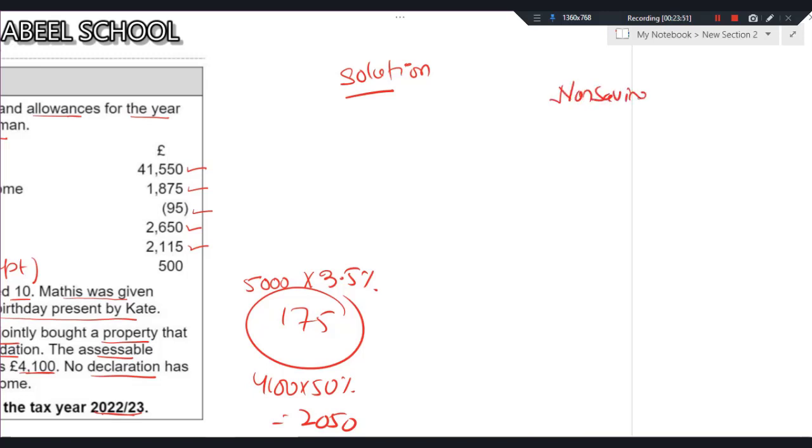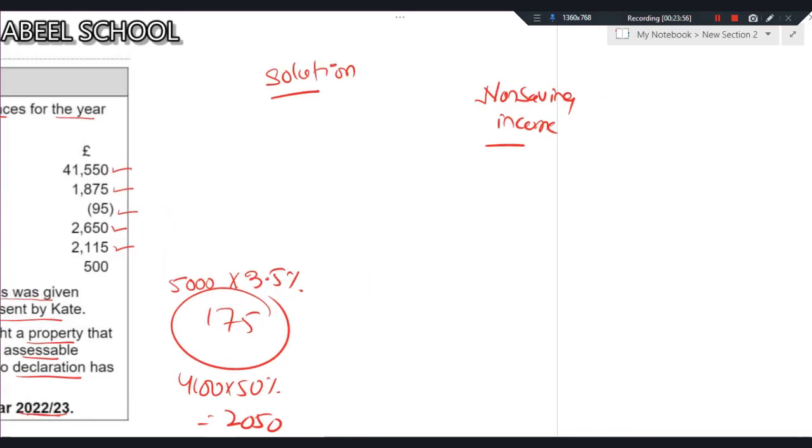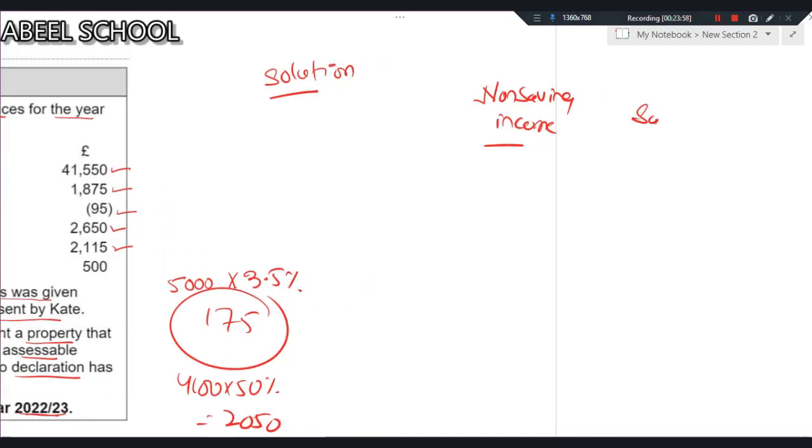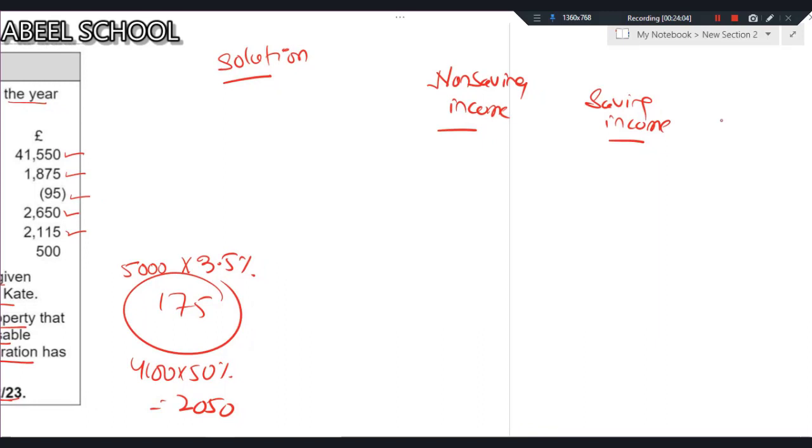Employment income is a non-saving income, and we do have saving income also. We do not have any dividend income. Total. Employment income.